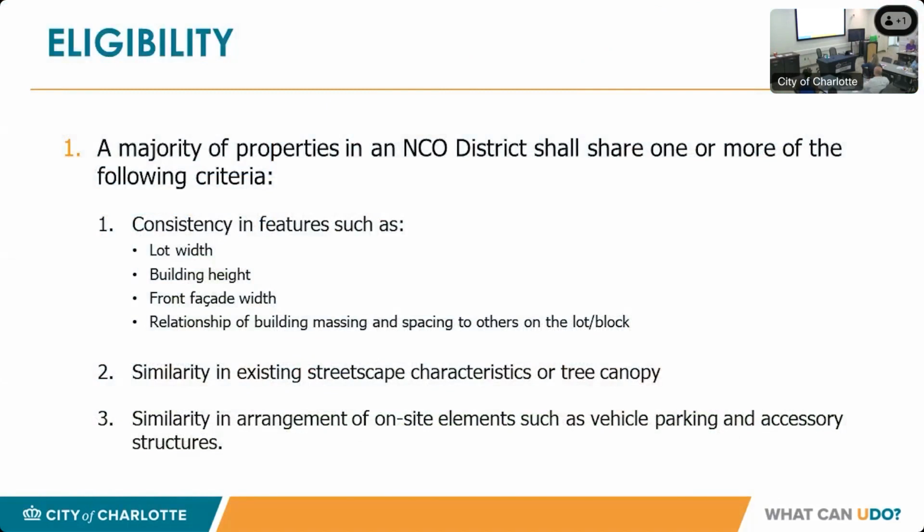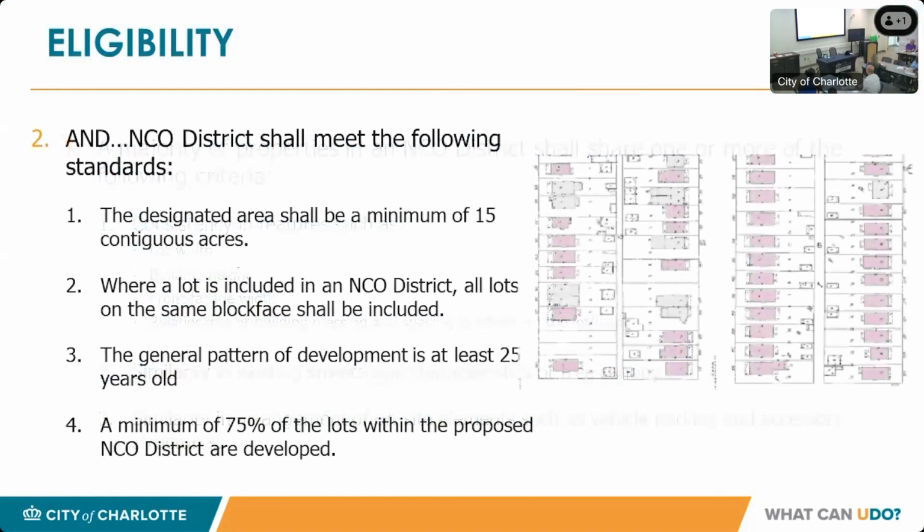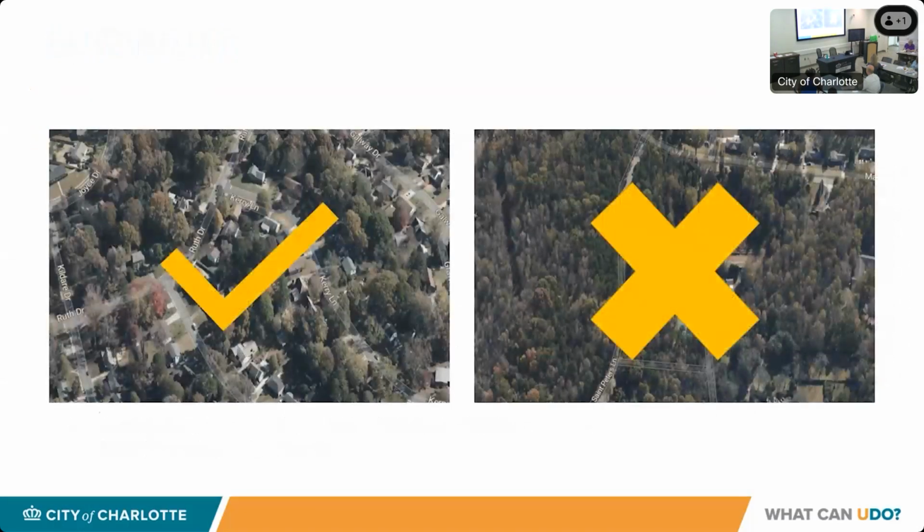The streets, lots, and buildings should share common features such as how close the buildings are to the street, how tall the houses are, how close the buildings are to each other, where people park their vehicles, if there are sheds and garages in the backyards, and the presence of large trees. It also requires a minimum of 15 contiguous acres with 75% of the lots developed.